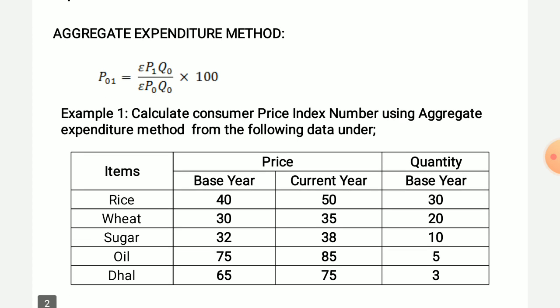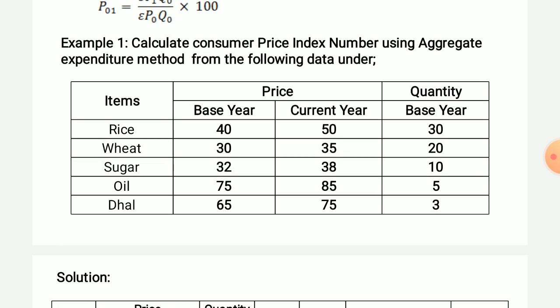Now, the first problem here: calculate a consumer price index number using the aggregate expenditure method from the following data. Here, the different items are given, and the base year price, current year price, and base year quantity are given.